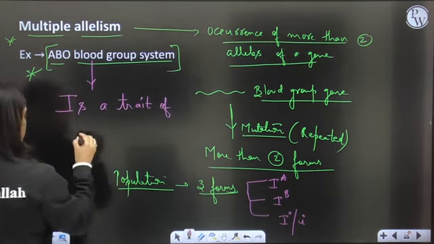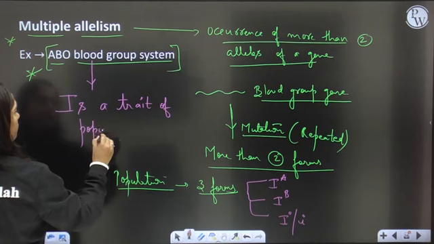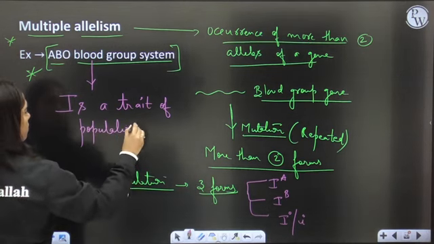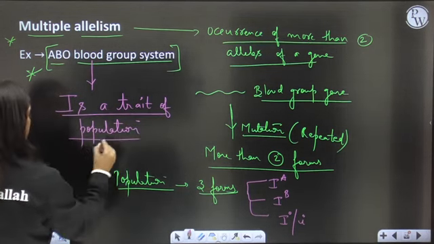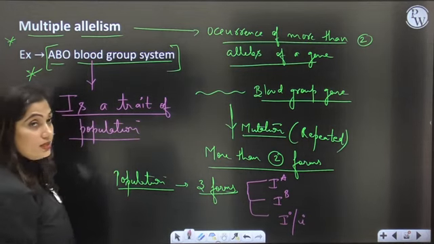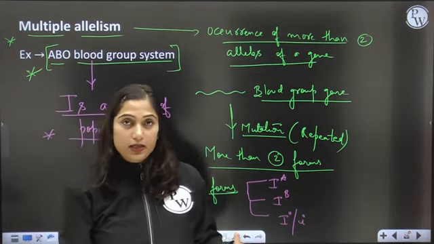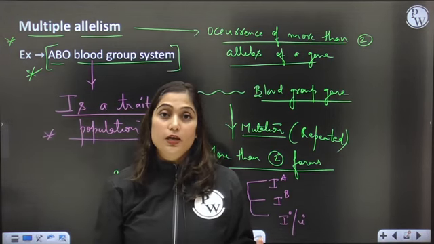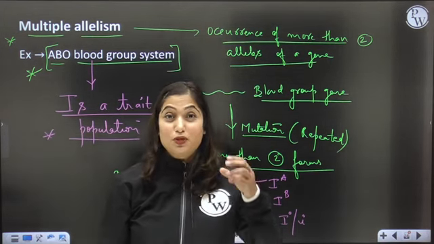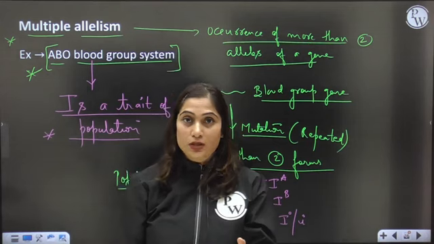Multiple allelism is a trait of population. That means you cannot detect the occurrence of multiple allelism in an individual. You will have to take the support of population to understand this phenomenon.